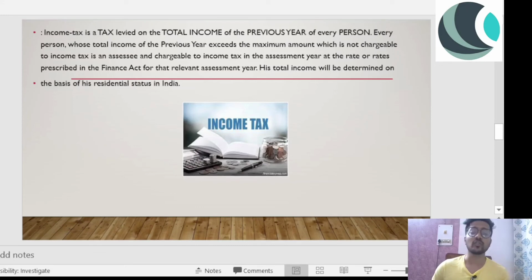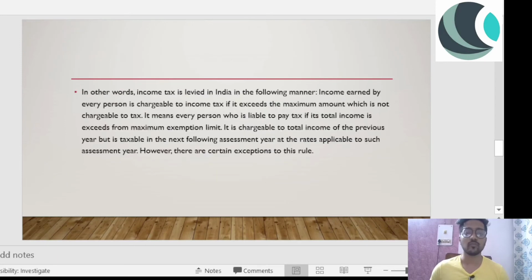You need to know the rules. You need to define the difference between the person and SSE, and you have to make sure you define the residential status of that particular citizen. That is very important.